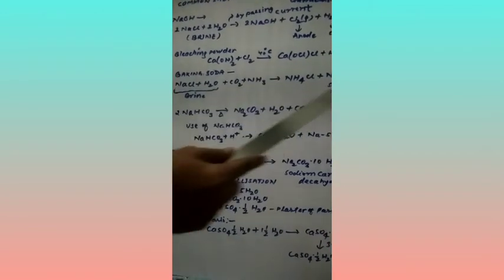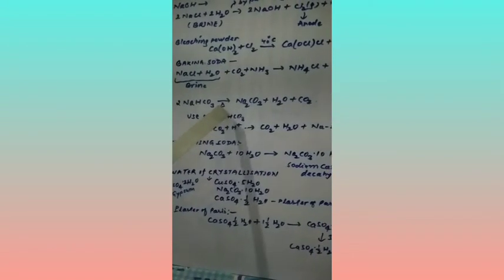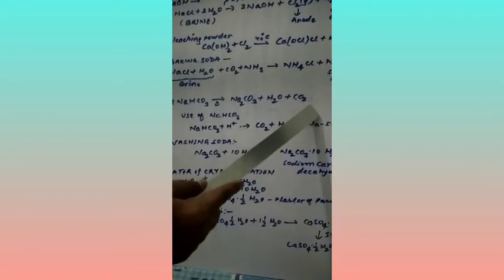But when this baking soda is mixed with mild acid, then it is known as baking powder. Before this, we were talking about sodium hydrogen carbonate. By heating sodium hydrogen carbonate, we get sodium carbonate, water and carbon dioxide.